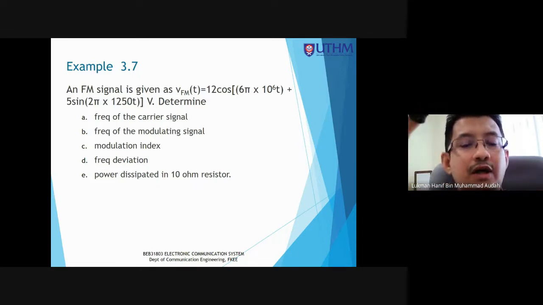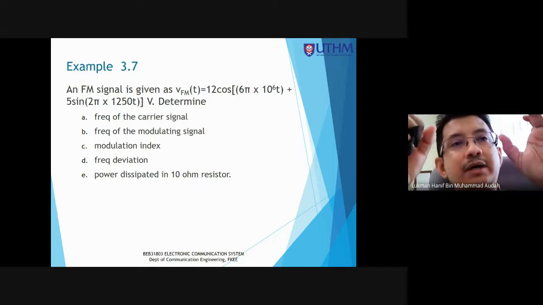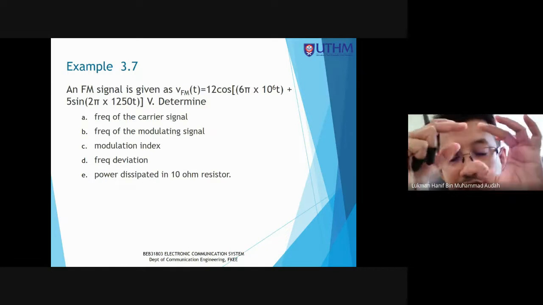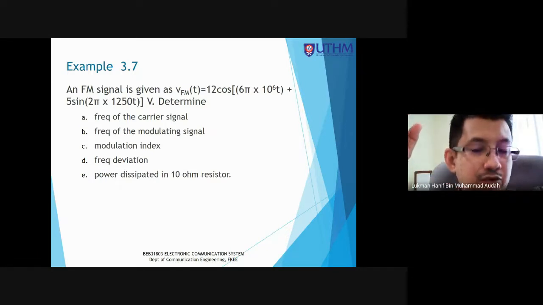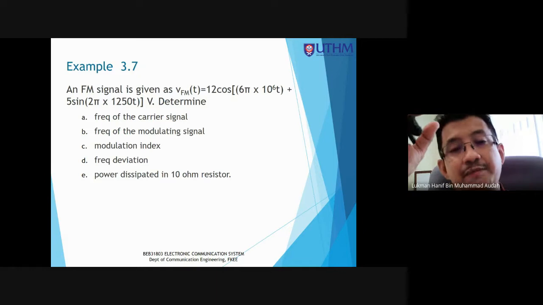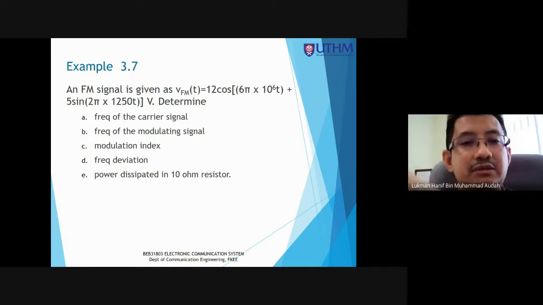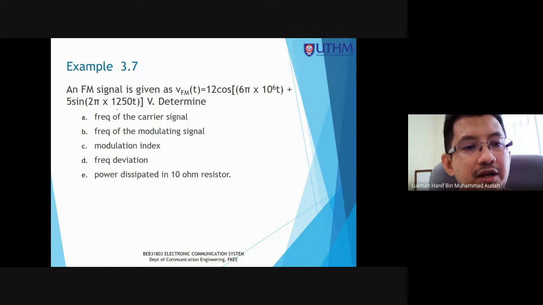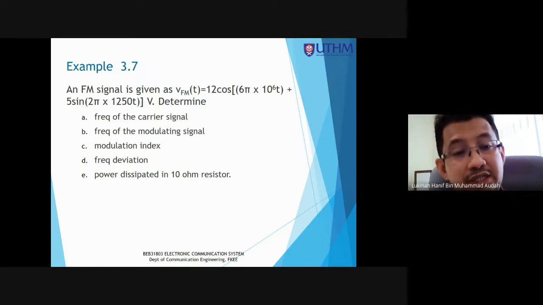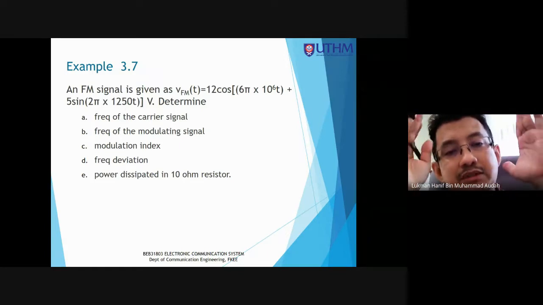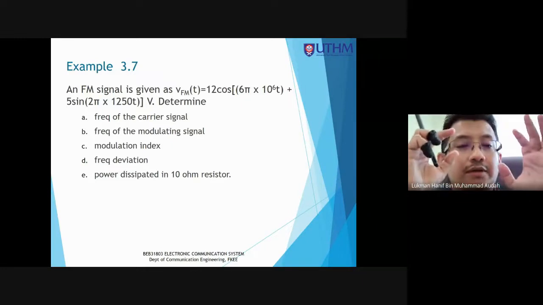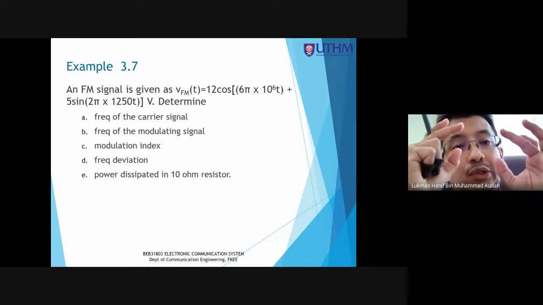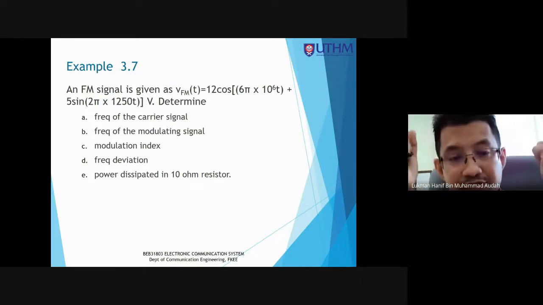Kamu perlu faham macam manakah struktur persamaan angle modulation, seperti ditunjukkan dalam slide-slide sebelum ini ya. Okey, yang mana dia adalah bersamaan dengan VC cos(2π fc t + βf sin 2π fm t).